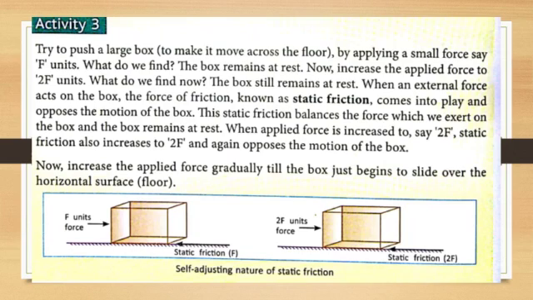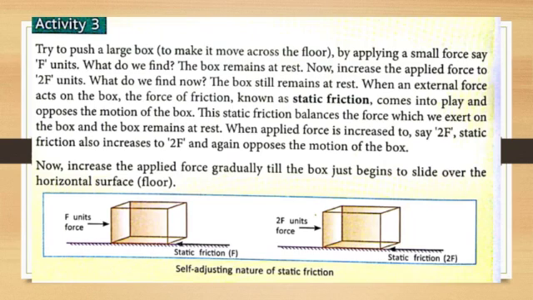When the applied force is increased to say 2F, it means we double the force. Static friction also increases, and still the box does not move. It means again the static friction is also increased by double, that is 2F, and again opposes the motion of the box. Now increase the applied force gradually till the box just begins to slide over the horizontal surface or floor.